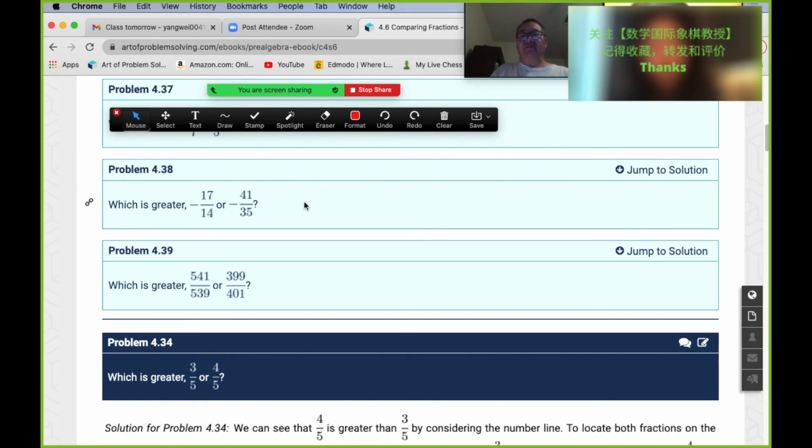Now, negative numbers. 4.38. Can you say these two, which one is greater? The denominator is not the same. Numerator also not the same. Then remember, we can convert, which one is greater than 1, which one is less than 1, use that one.